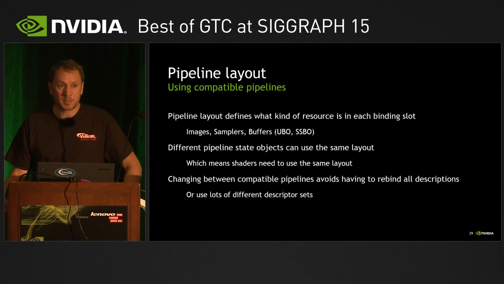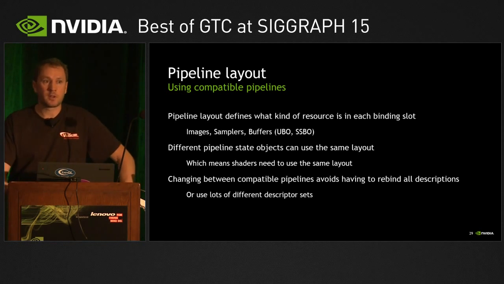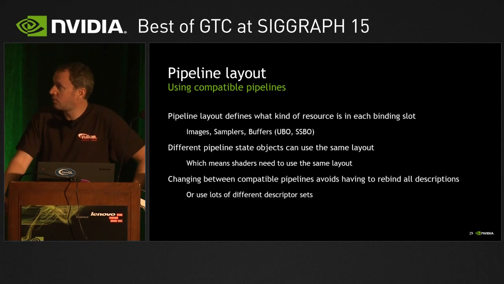They can remain compatible. And like I said before, updating and changing descriptor sets is going to be one of the most performance critical parts of rendering in Vulkan. So a pipeline layout will allow pipeline state objects to stay compatible with the descriptor sets and improve performance.